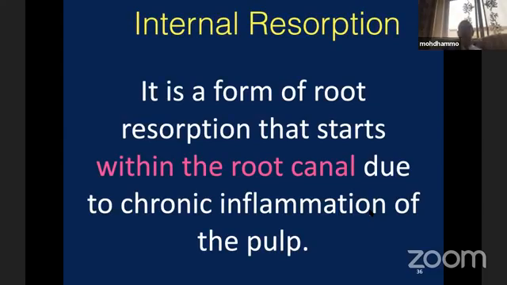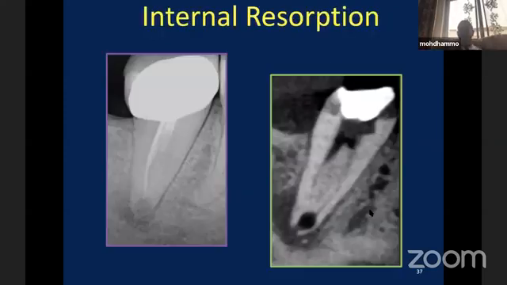It is a form of root resorption that starts within the root canal due to chronic inflammation of the pulp. So now you can notice here, it is inside the root canal, and it is due to inflammation of the pulp. So here is an example of internal resorption which occurred inside the root canal system.